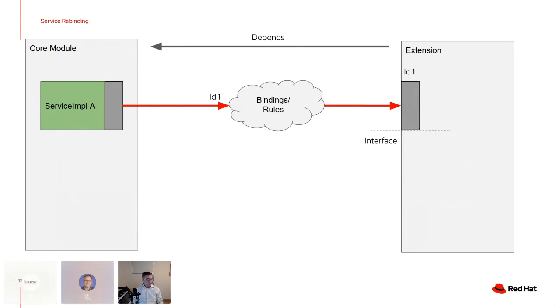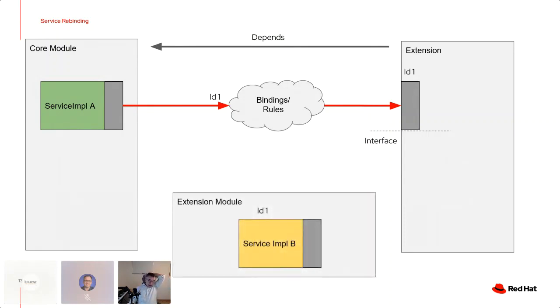But now I can add a second extension. And this has a different implementation of the same service. And I can just rebind the service in my extension module. And everybody in the system that needs the service will now use my re-implemented version.